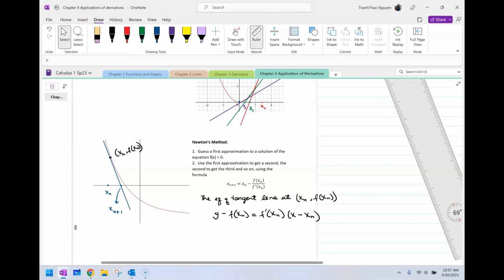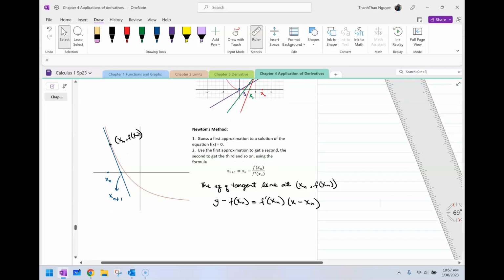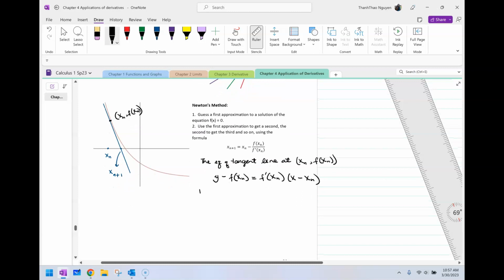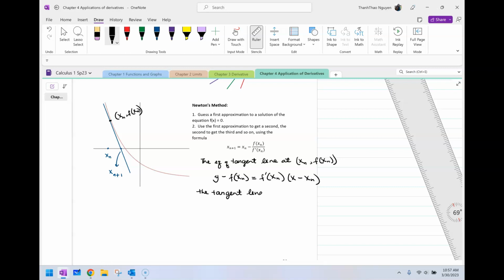And this tangent line intersects the x-axis at x sub n plus 1, so the point x sub n plus 1, 0.